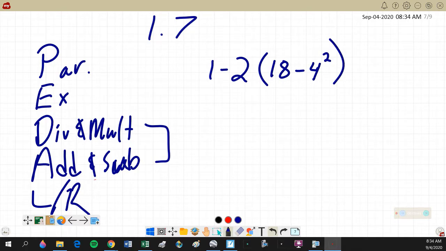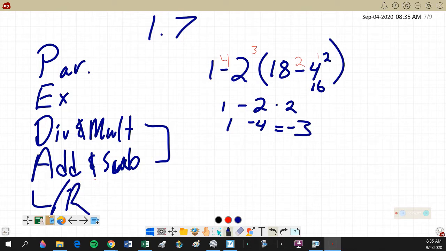So 4 squared is step 1, and then this is step 2, and then 3, and then 4. Okay. 4 squared is 16. 18 minus 16 is 2. And now negative 2 times 2 is negative 4. So the answer would be negative 3.